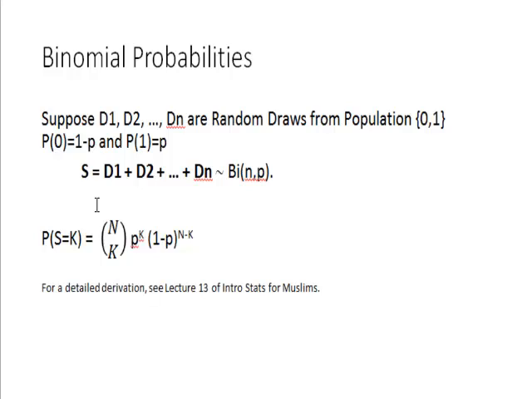So what we do is we draw at random from this population, and the probability of drawing 1 is equal to P, and the probability of drawing 0 is equal to 1 minus P. This is the basic binomial random variable.